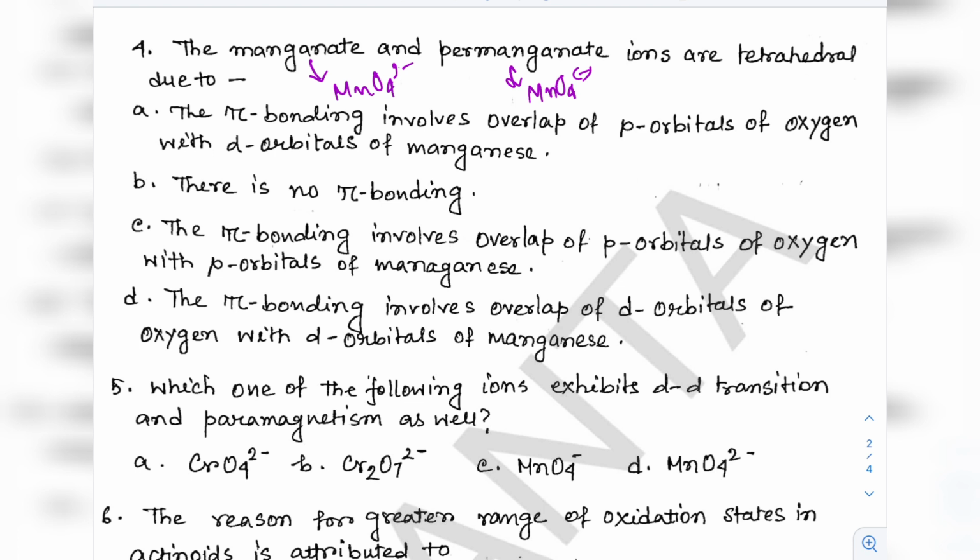The structure will be like this: Mn double bond O, double bond O, O minus, O minus, and another one will be this.